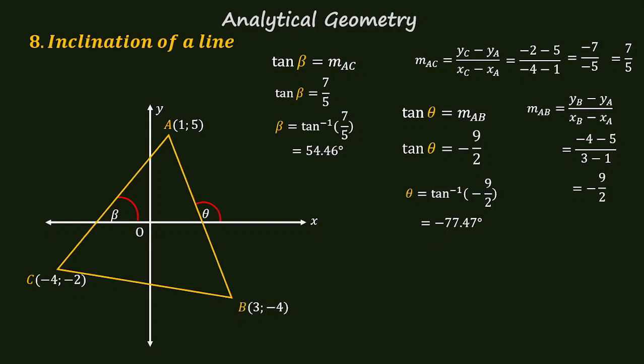So what you have to do is add 180 degrees to your answer so that you get an obtuse angle, which is 102.53 degrees. So remember that the angle of inclination will always be a positive value. If you don't get a positive value, add 180 degrees to your answer so that the answer is a positive value.